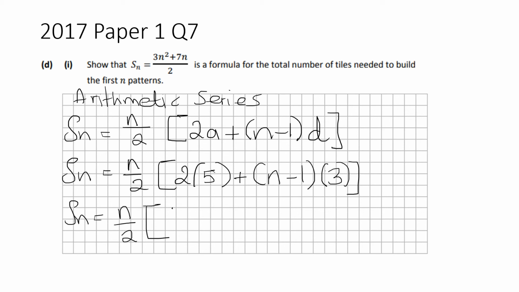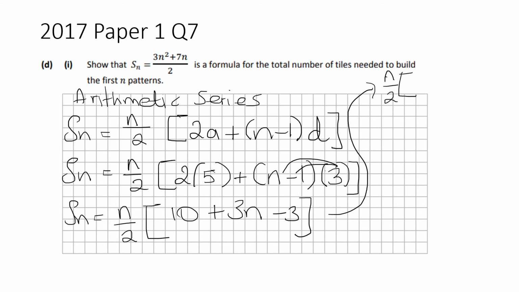So 2 times 5 here is 10, and then here we need to expand. So 3 times n is 3n, and 3 times minus 1 is minus 3. So carry on simplifying here. Now we have n over 2, and then we have 10 plus 3n minus 3, so that will be 3n plus 7.